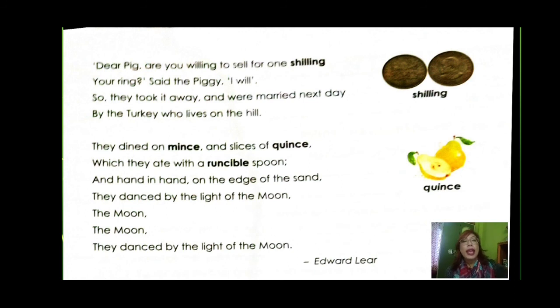So they walk hand in hand, just like a beautifully married couple, hand in hand on the edge of the sand. Okay, near the sea, on the sand they went, and then they dance by the light of the moon. So by evening, when the moon was shining, both of them danced under the light of the moon.